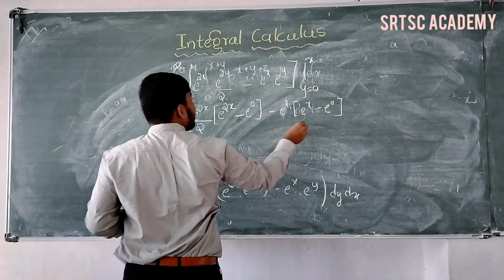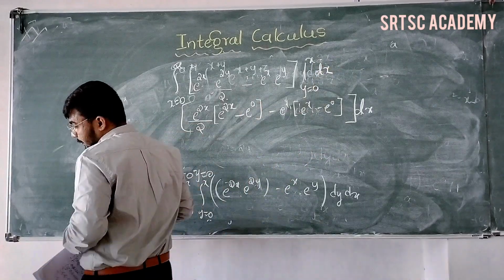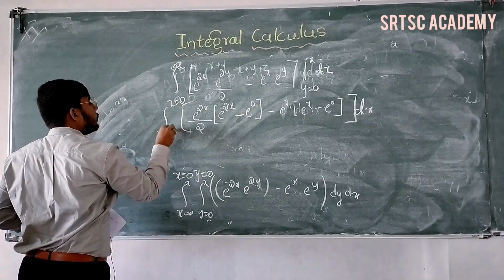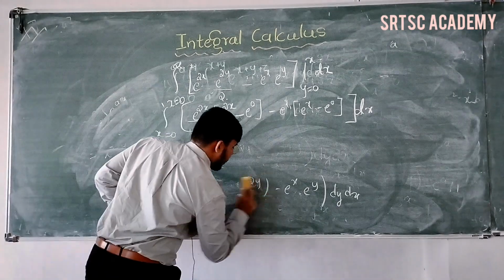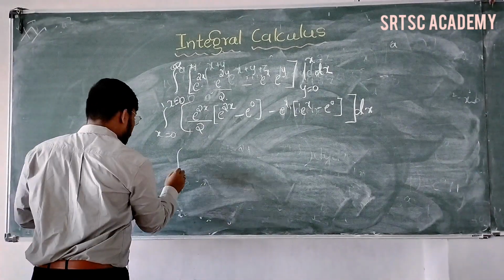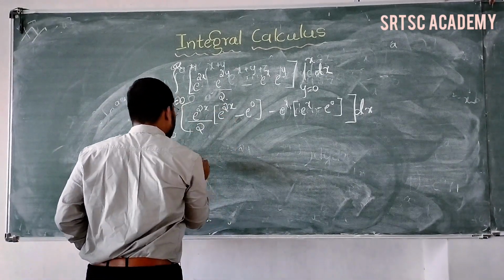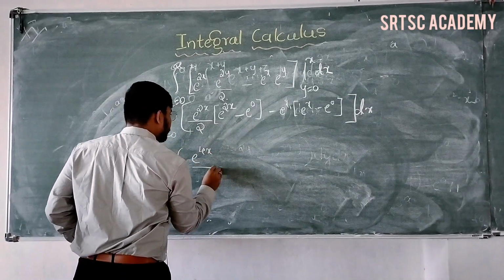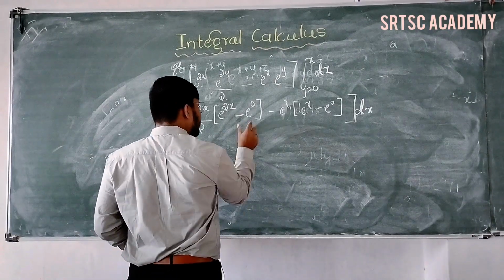After what we have to integrate it with respect to x. Okay. x varies from 0 to 1. Next what we have to do means simplify it. e to the power 2x, e to the power 2x, that is e to the power 4x divided by 2. 2 into 1, that is 2, minus e to the power 0. e to the power 0 means what?